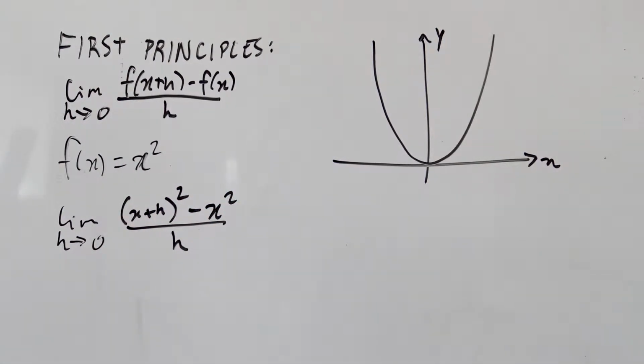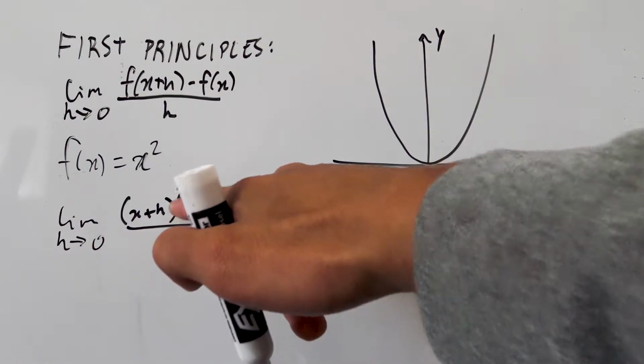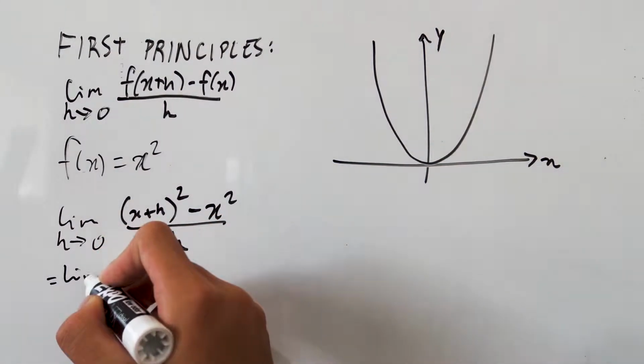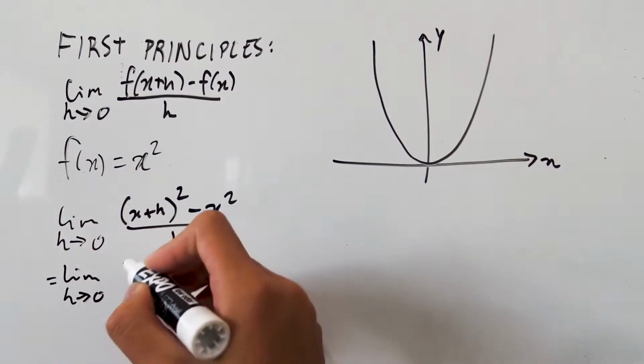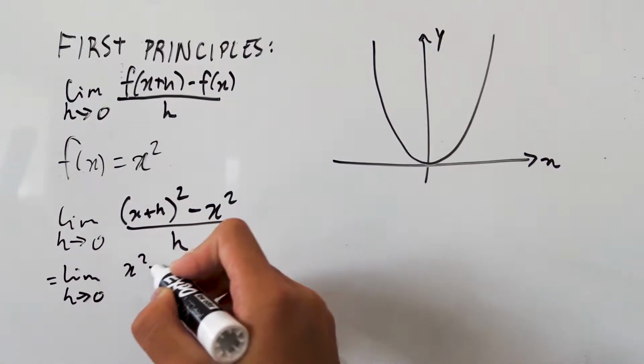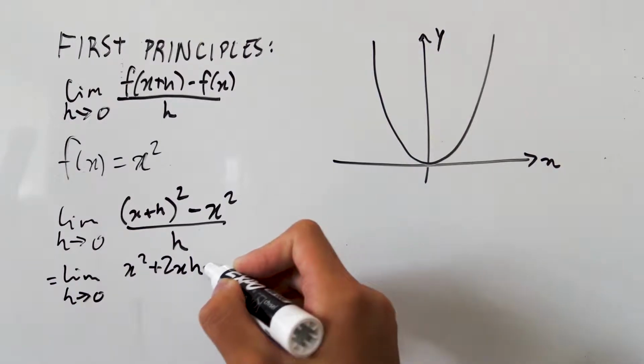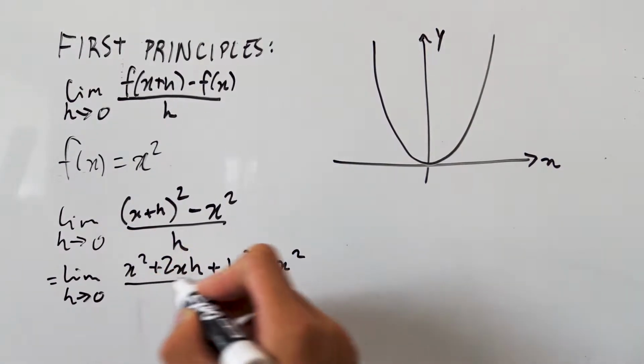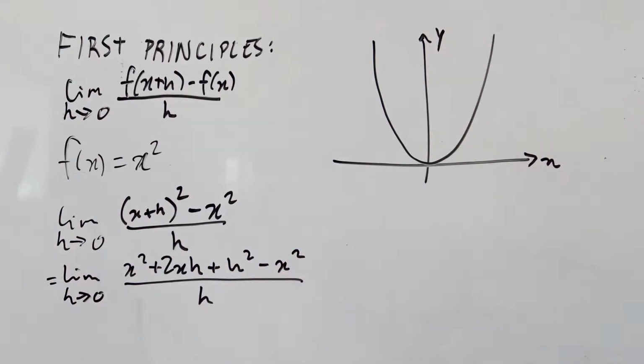Alright, so this might not seem too interesting, but let's try and manipulate this equation a little bit. Let's start by expanding out this squared term right here. So we now have the limit as h approaches 0 of x squared plus 2xh plus h squared minus x squared, and everything divided by h.